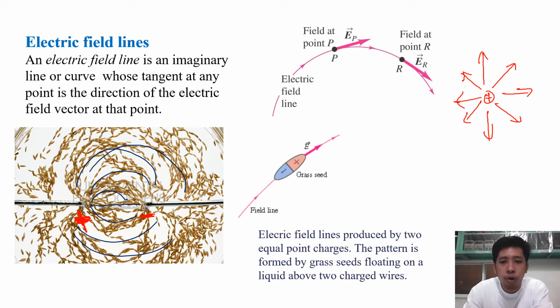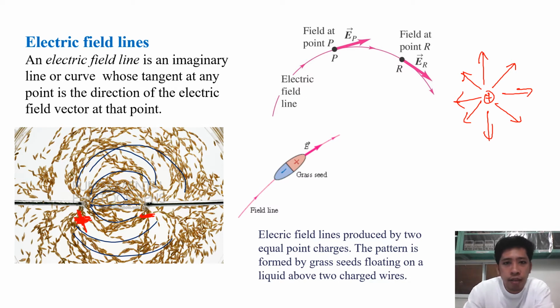The pattern is formed by grass seeds floating on a liquid above two charged wires. The electric field line's tangent at any point is the direction of the electric field vector at that point.